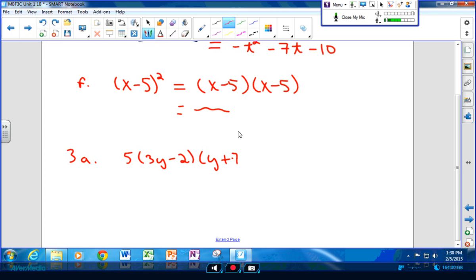Oh boy. Well, this looks like a grade problem. So what we have to do is multiply two binomials together, right? And then we got to somehow also multiply 5.